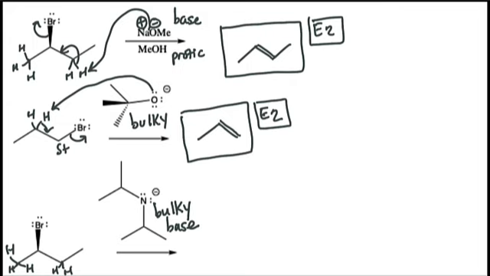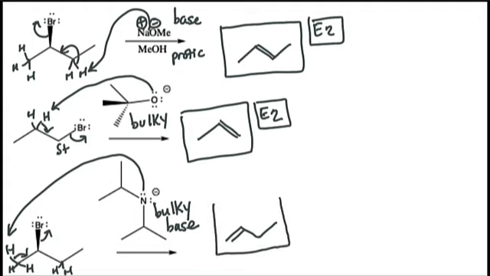It's going to instead grab onto the most accessible proton, the first one it sees when it approaches the structure, and so that would be on a beta carbon that has just 1 other carbon attached. Electrons would kick in to form the carbon-carbon double bond, and the bromide is lost as a leaving group, generating actually the less stable alkene because of this bulky base.